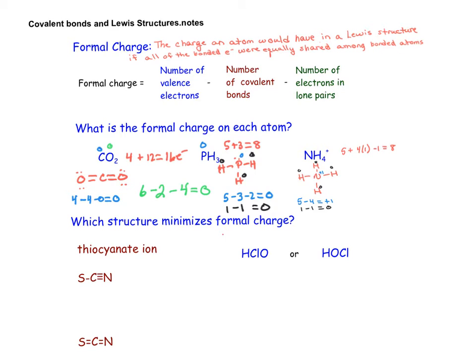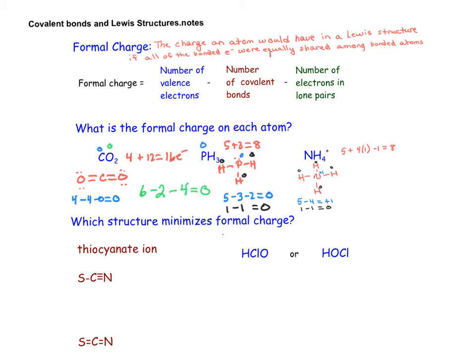So take a look at PH3 and at NH4. We can see that for phosphorus, 5 minus 3 bonds minus 2 electrons gives us a 0. And for hydrogen, 1 valence electron minus 1 bond is 0. Hydrogens are always going to have 0.